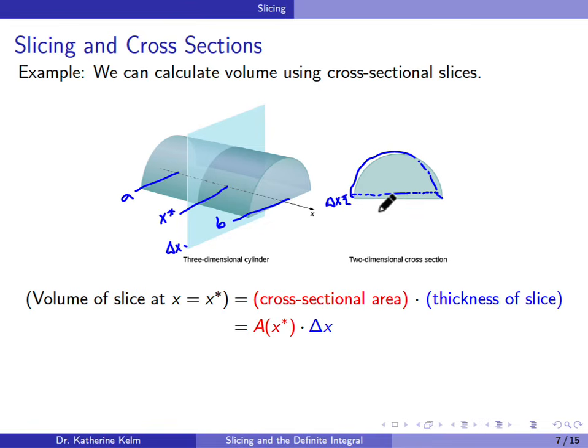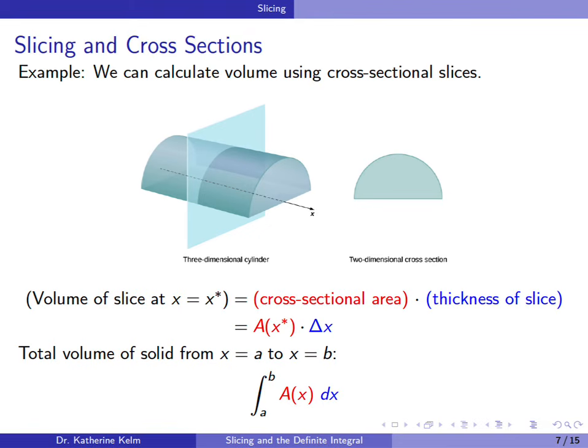Then the volume of this slice is going to be the cross-sectional area. So whatever this area is at x star multiplied by delta x is going to give us the volume of that slice. And that will become a definite integral. So the total volume of the solid from x equals a to x equals b is the definite integral from a to b of A of x dx.